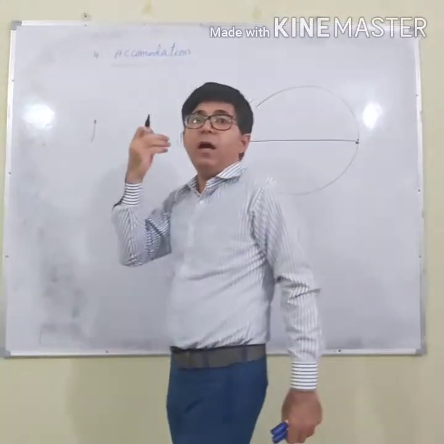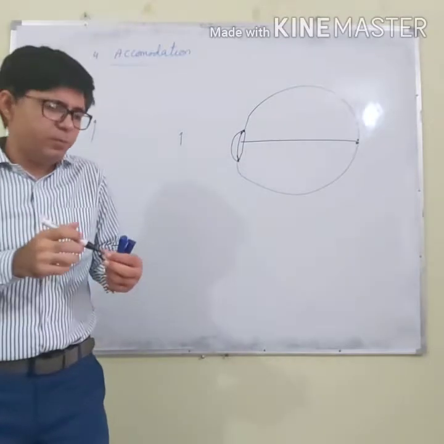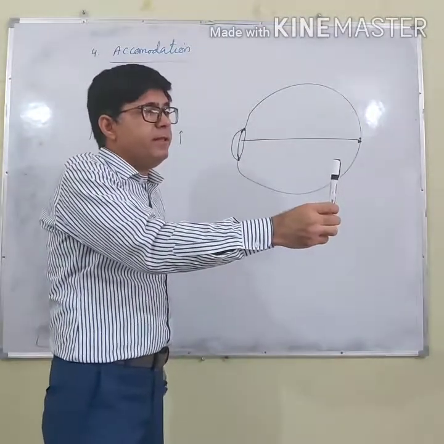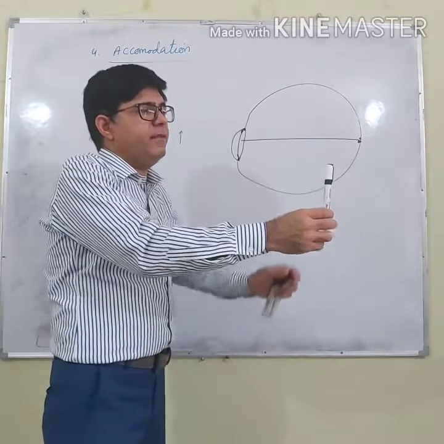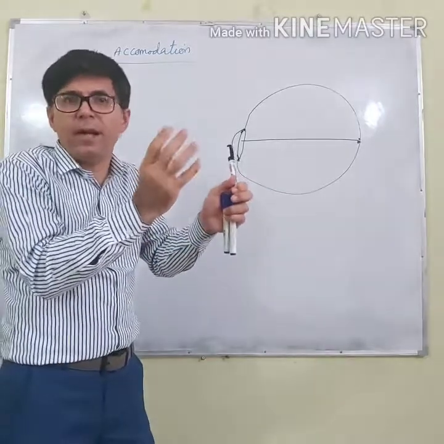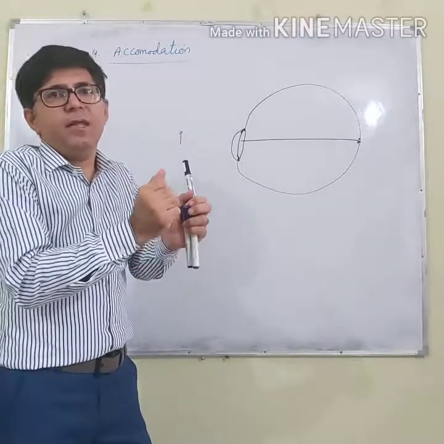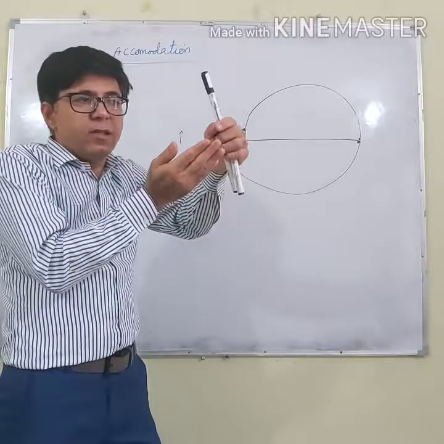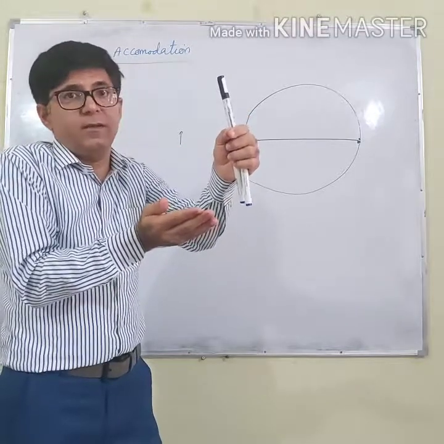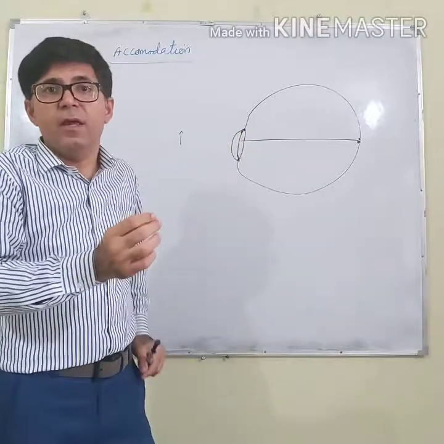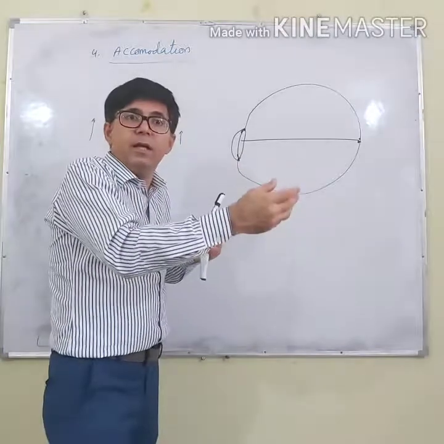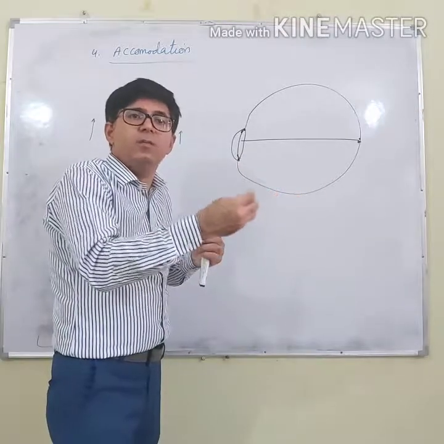When we are looking at a nearby object, our ciliary muscles contract, and when they contract, the thickness of the eye lens increases and hence its focal length decreases, and we are able to see that object clearly.